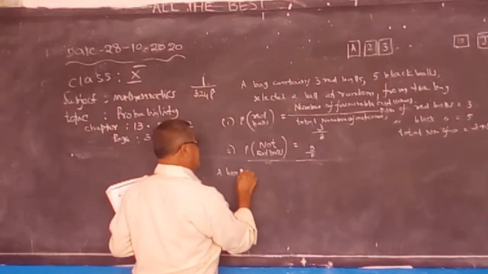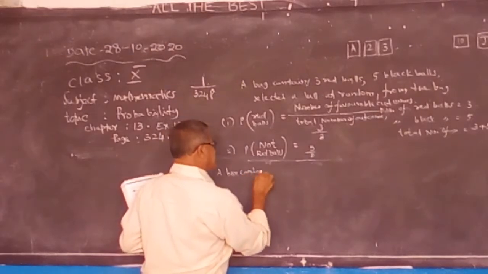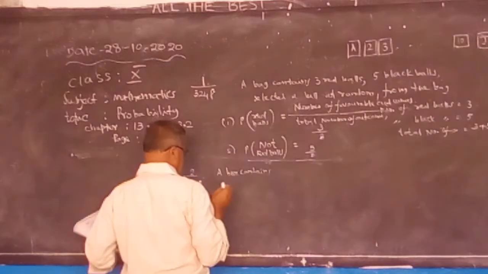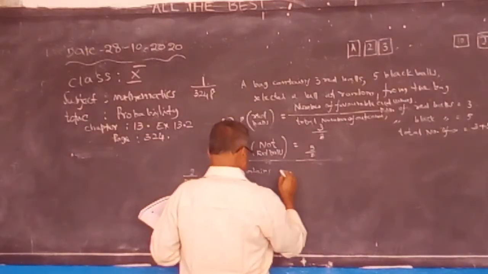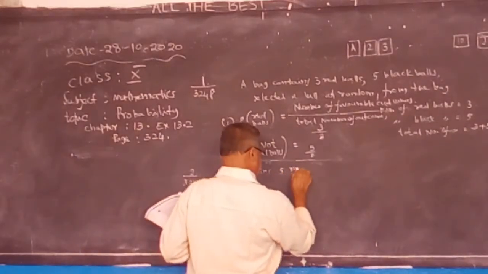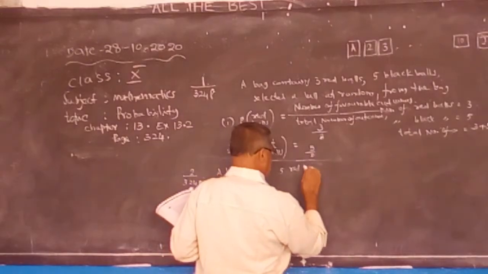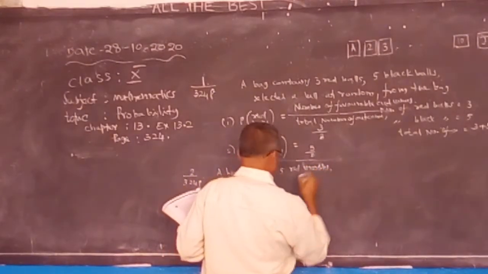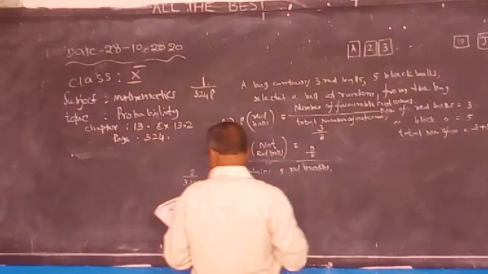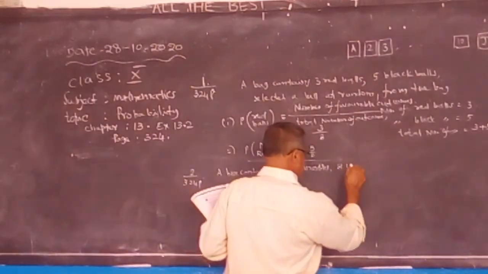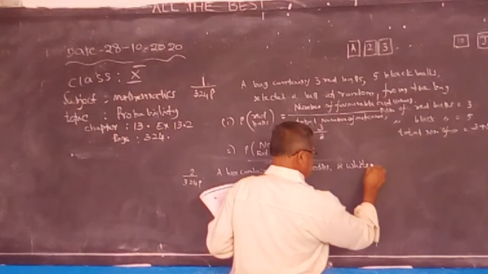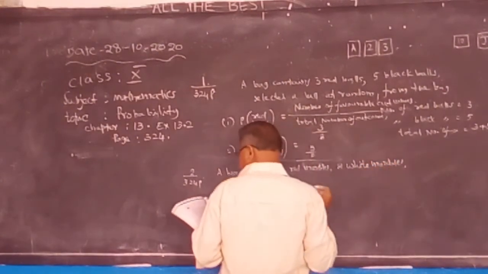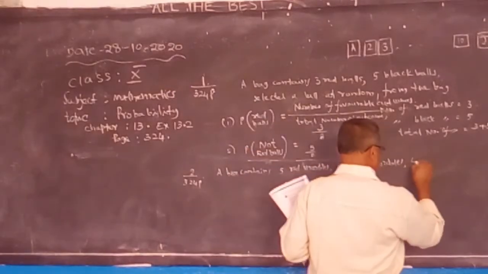A box contains 5 red marbles, 8 white marbles, 4 green marbles.